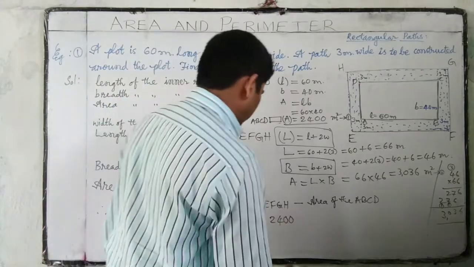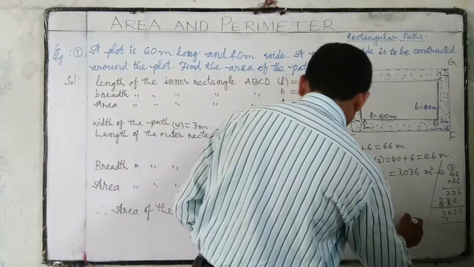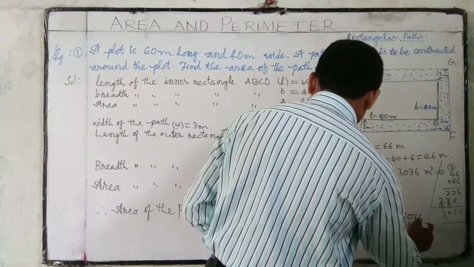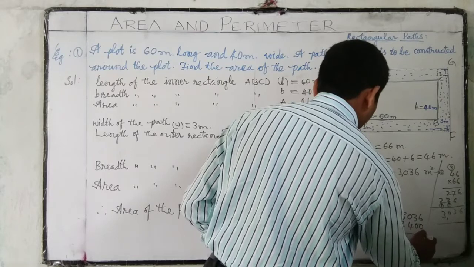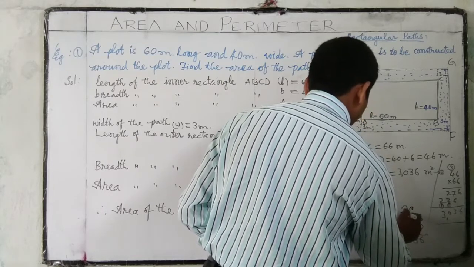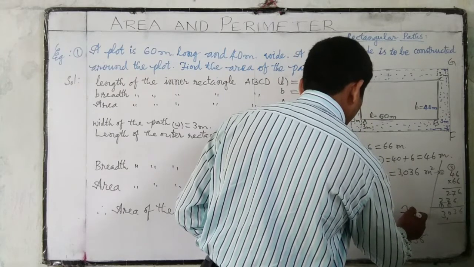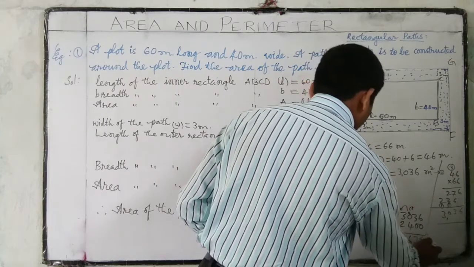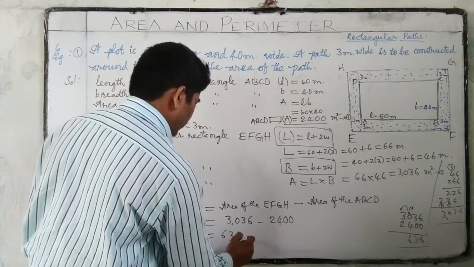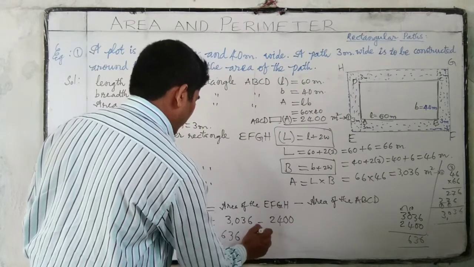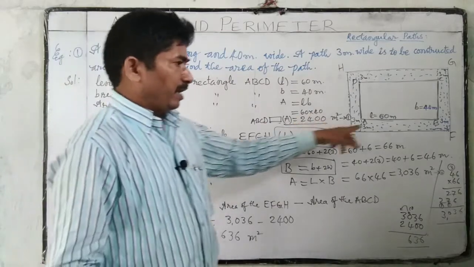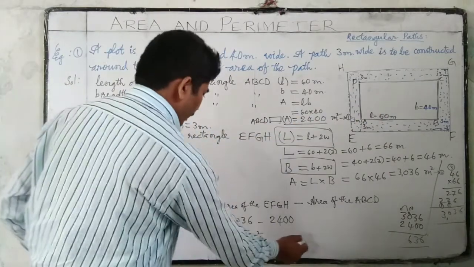If we subtract this, 3036 minus 2400 is 636 meter square. So this is the area of the rectangular path.